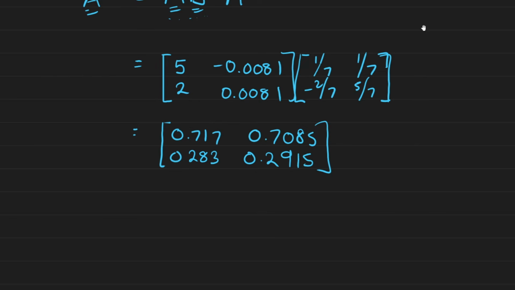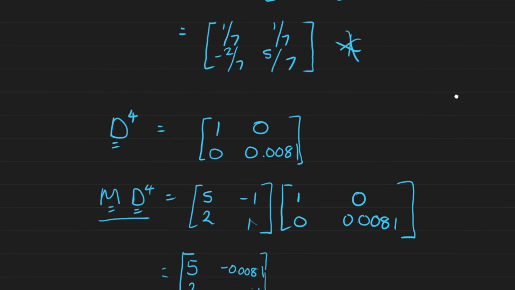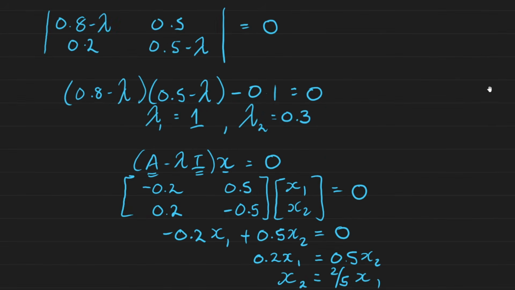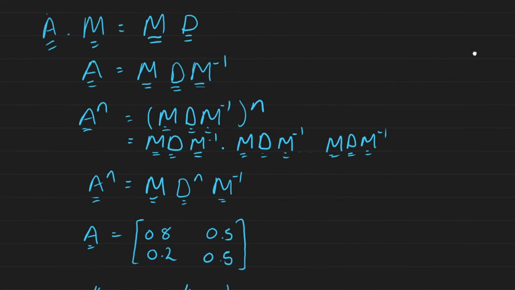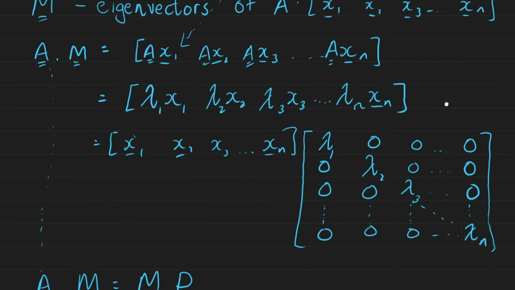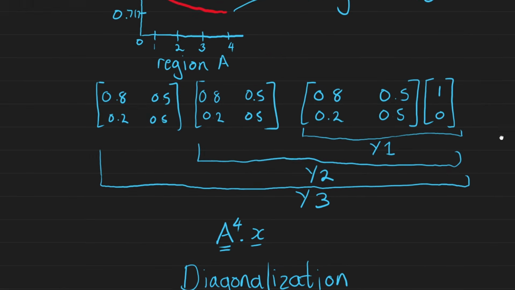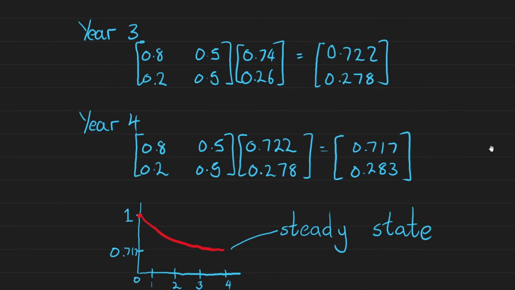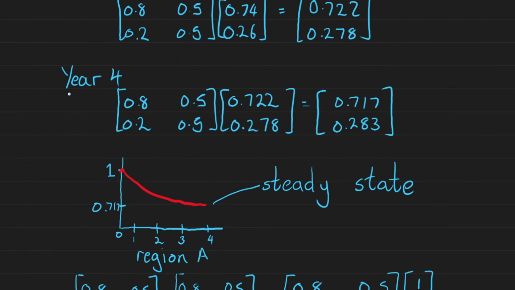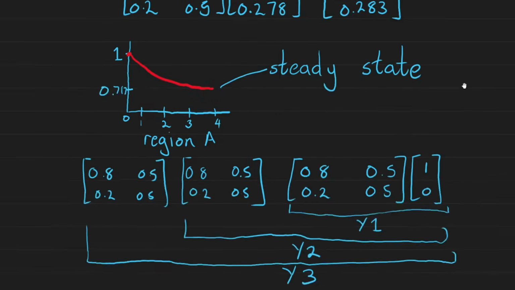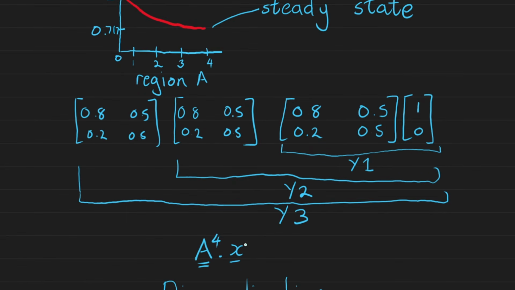So remember, if we go all the way back up to where we were talking about steady state and population growth, we can see that when we computed this year 4, we had 0.717 and 0.283. So this was the same as taking the fourth power of this matrix and multiplying it by x. This x here we said was 1, 0.